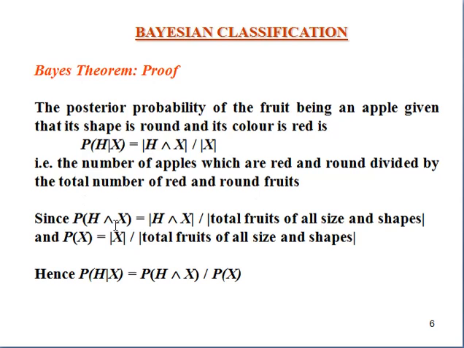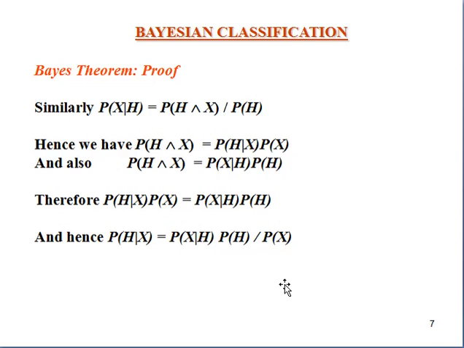Since p of h given x equals h and x divided by the total fruits which are red and round, the probability of x is basically x divided by the total fruits of all shapes and sizes, and hence the probability of h given x equals the probability of h and x divided by the probability of x.